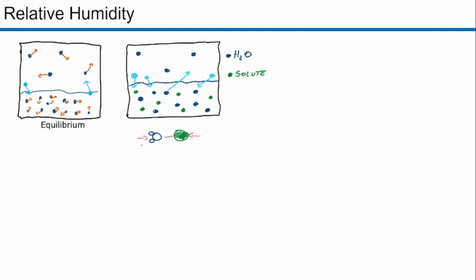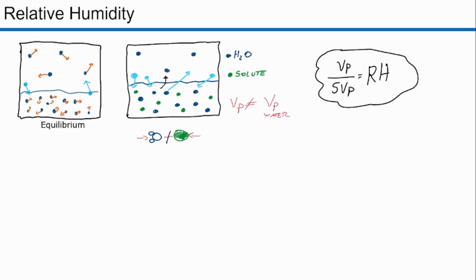Likewise, if the water molecules are attracted to the solute, the solute is also attracted to the water, and so this force reduces the amount of water molecules that flow from the liquid to the vapor state, because more energy is needed, not only for the molecule to change its state, but also to break this bond, so it has enough energy to transition, meaning that the vapor pressure of the solution is different from the vapor pressure of pure water.